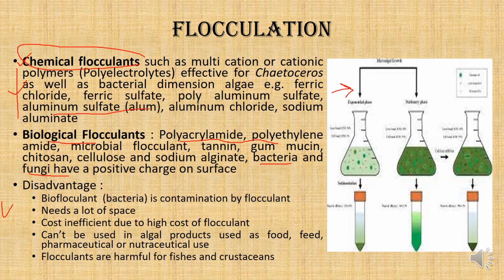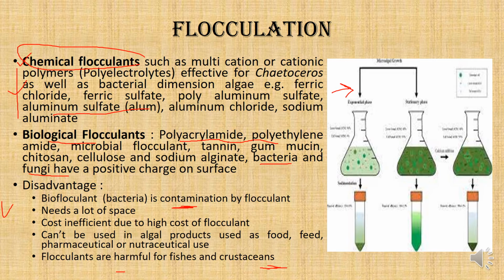But it has certain disadvantages, that is contamination in case of food based or feed based algae. So there is a contamination problem, both chemical and biological, because chemical can be toxic as well as biological can be pathogenic.